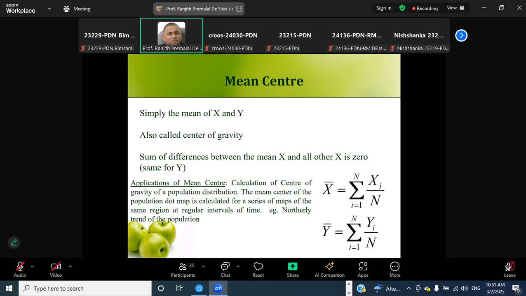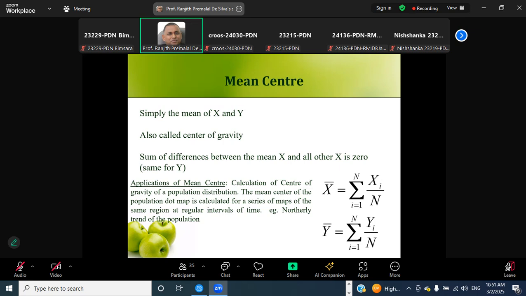Similarly, if you look at the distribution, the center of gravity of each ethnic group, take the population of Sinhalese people in all districts, calculate the mean center, and take the Tamil population, take the Muslim population, get the average.